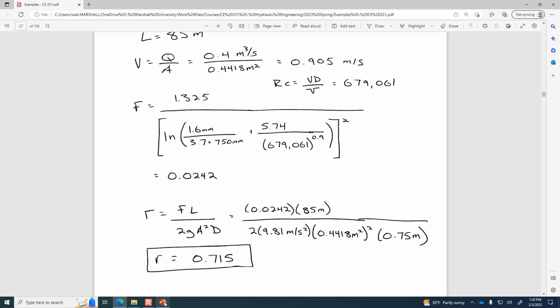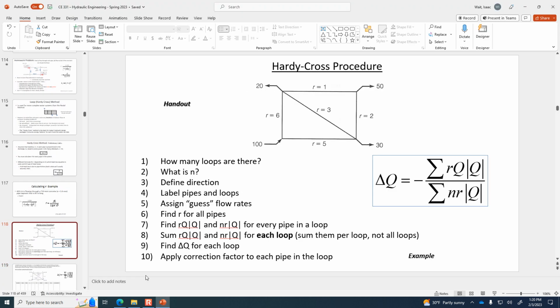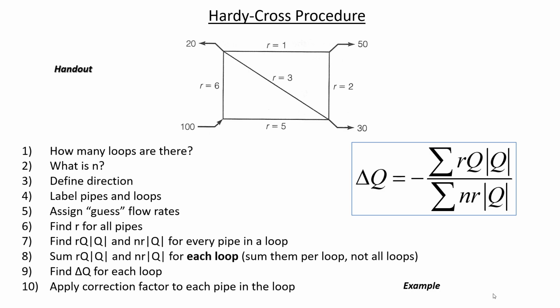So that's R. So let's say that we've got a certain network that we want to find out how much flow is going through each of these pipes. So in this situation, water's coming in at one junction, and on the handout, second page, I think I've labeled the junctions. I think I've called this top left one junction 1, and then this is junction 2, where the flow of 50 is coming out.